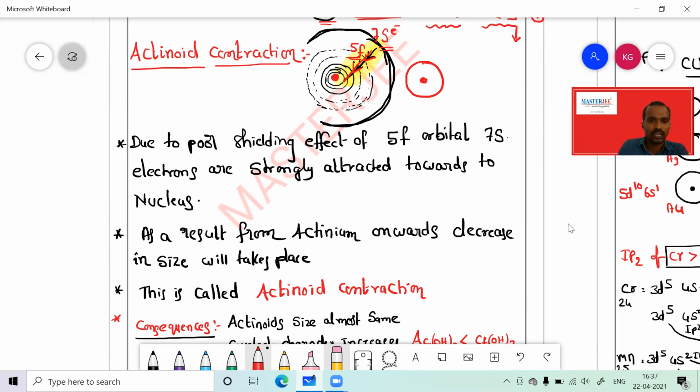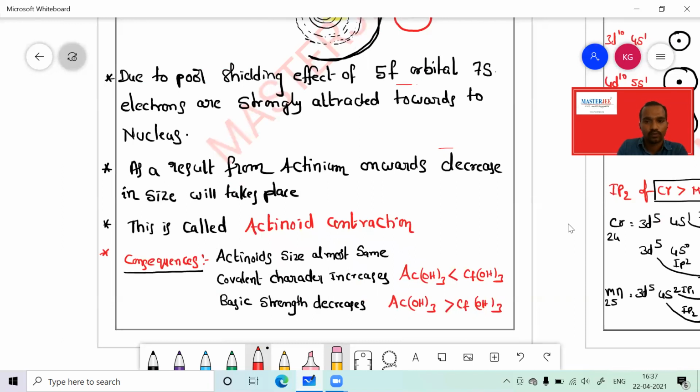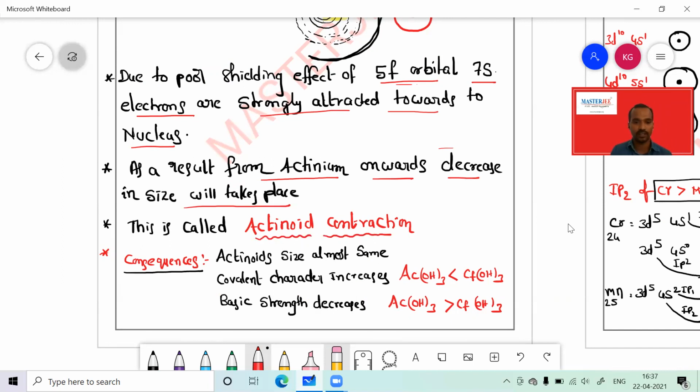Due to the poor shielding effect of 5f orbitals, the 7s electrons present in the outermost shell are strongly attracted towards the nucleus. As a result, from actinium onwards, a decrease in size will take place. This is called actinoid contraction. That is the thing I explained here.